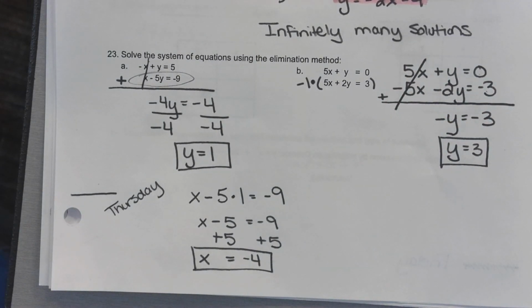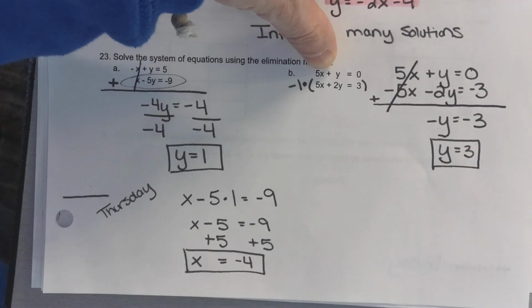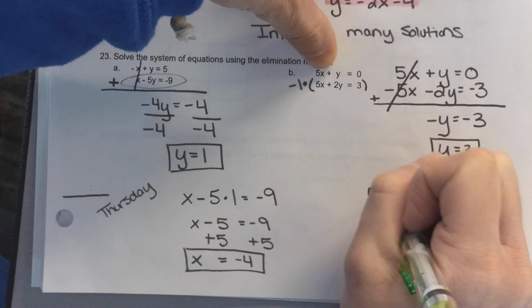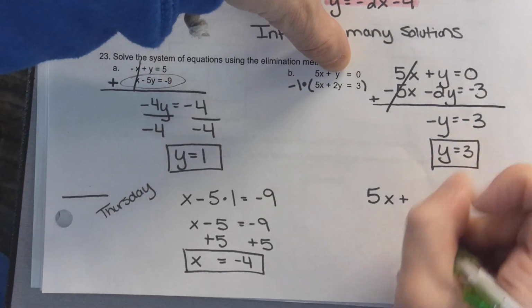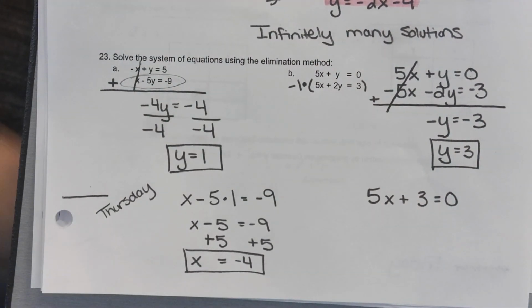I know. So close. So far. All right, I'm going to plug into the top equation because that one looks a little bit easier. So I have 5x plus, in place of y, I'm going to put 3, equals 0. How can I solve for x? Let's get rid of the 3 first.